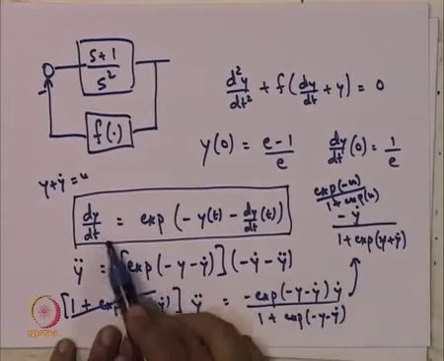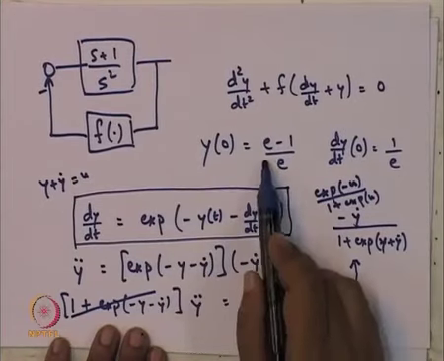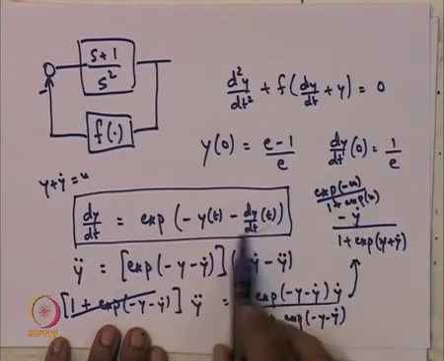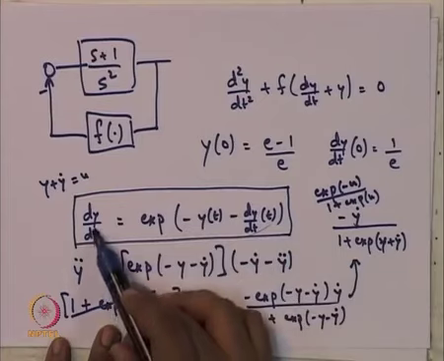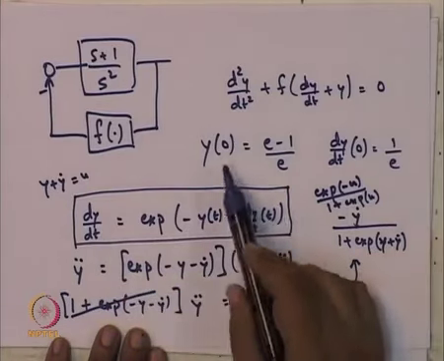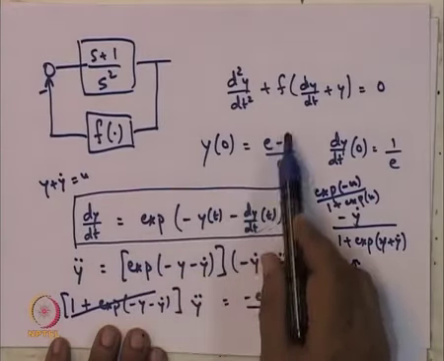Okay. Now, if you look at this solution, then it should be clear that once these are the initial conditions, this exponential of some quantity, so dy/dt is going to increase. So, when dy/dt increases, dy/dt is positive. So, dy/dt is positive means y increases.